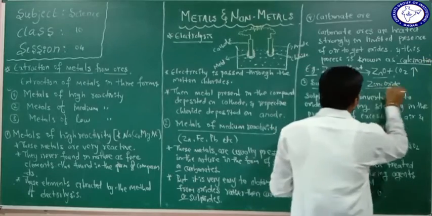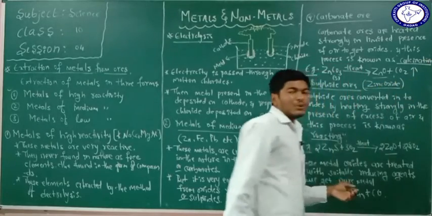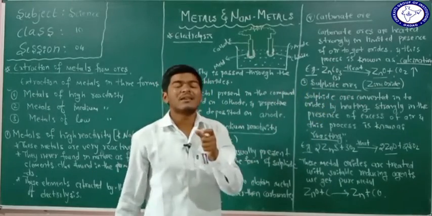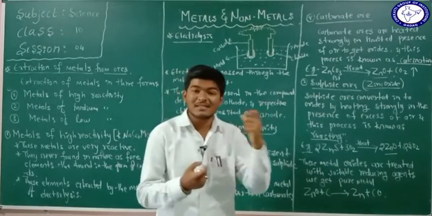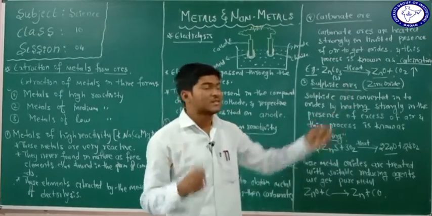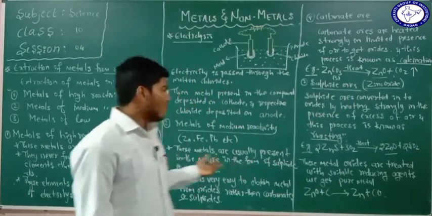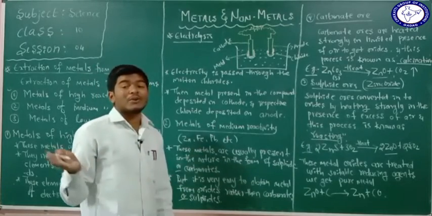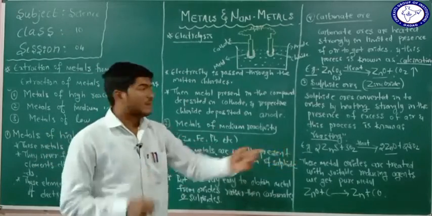So now we get the zinc oxide. Why do we need to convert the zinc carbonate ore into zinc oxide? Because it is very easy to extract the metal from oxide ore. Now I am considering the sulfide ore. If the metal is present in the form of sulfide ore, how are we going to convert that sulfide ore into an oxide ore?